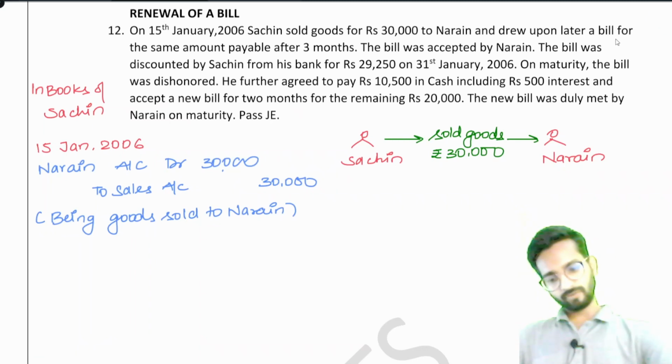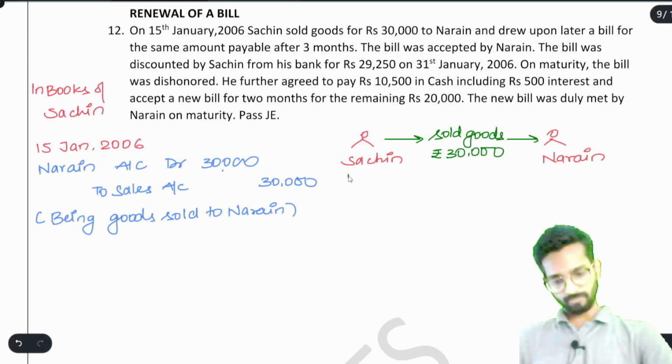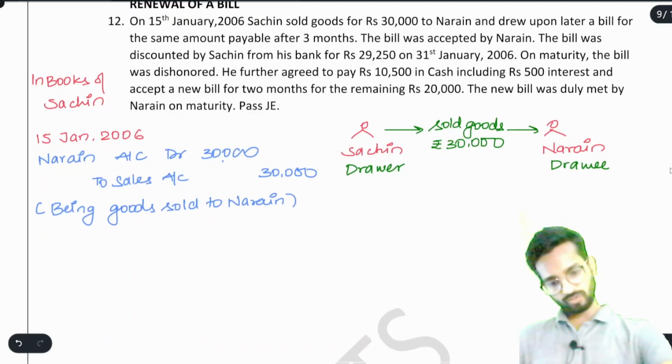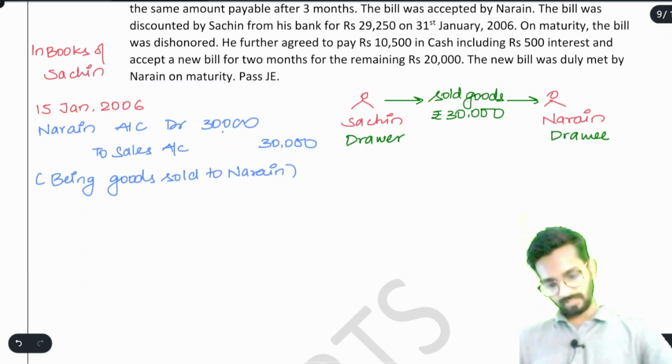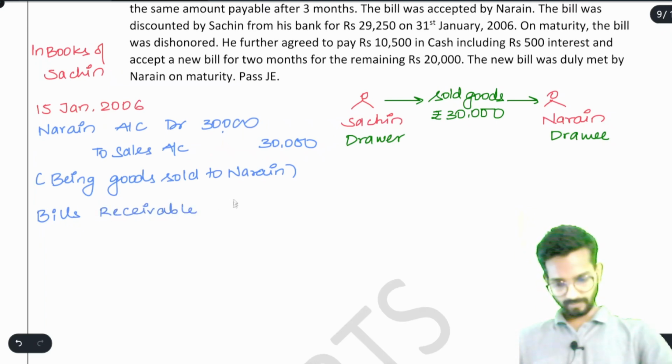Now what is happening after that? Sachin later drew a bill for the same amount payable after 3 months. It means Sachin became the drawer, Narayan became the drawee, and we are writing in the books of Sachin. On the same day, Sachin has received the bill after getting it signed. So he will write bills receivable account debit 30,000 to Narayan account 30,000.